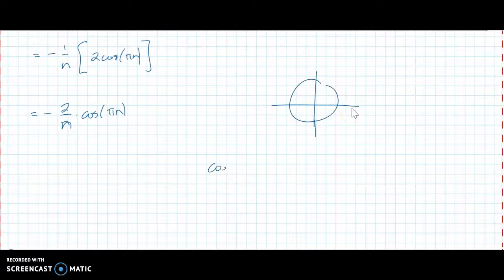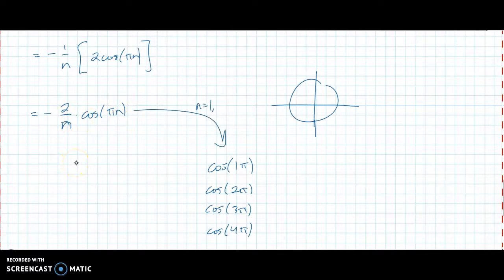And let's go cosine of 1 pi, cosine of 2 pi, cosine of 3 pi, cosine of 4 pi. We would do more if we were trying to work more, but I'm just going to see if we can see the pattern with that. Notice this is this guy with n equal 1, 2, 3, 4.